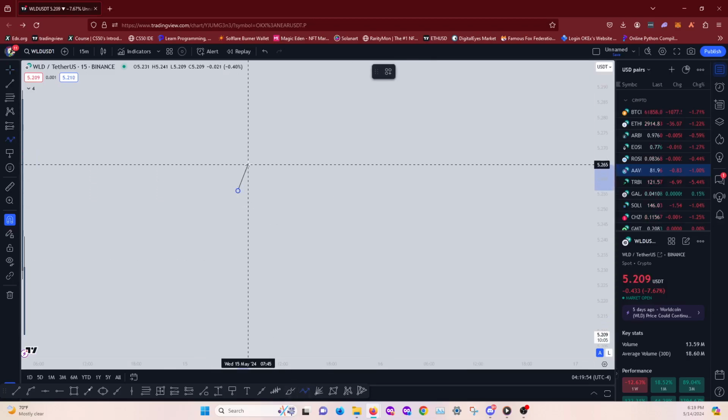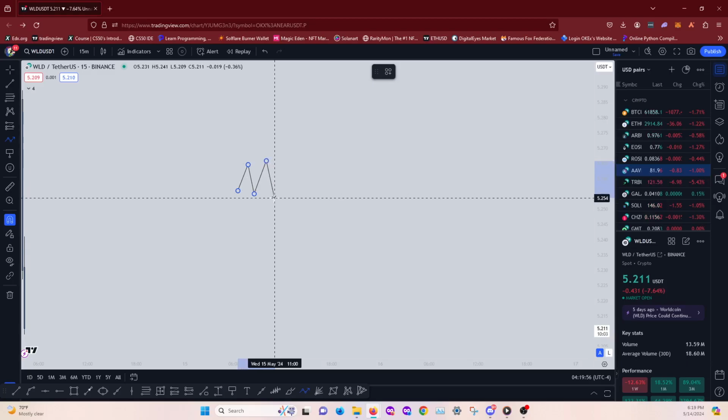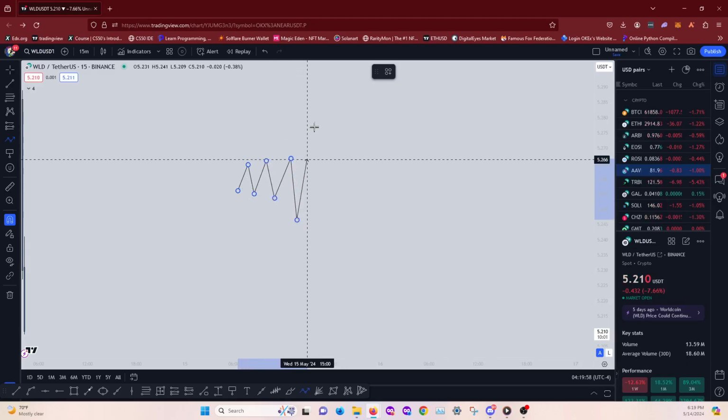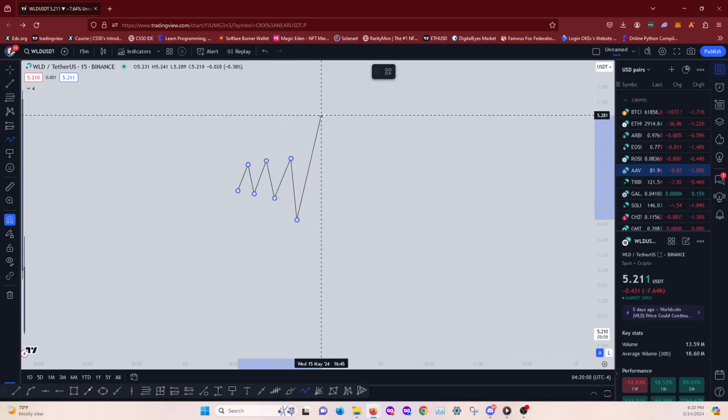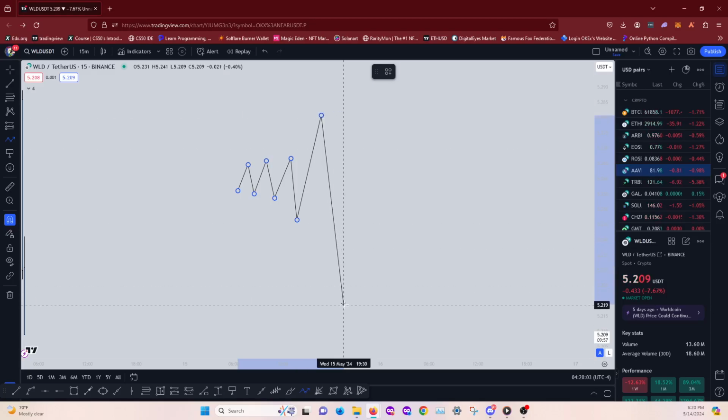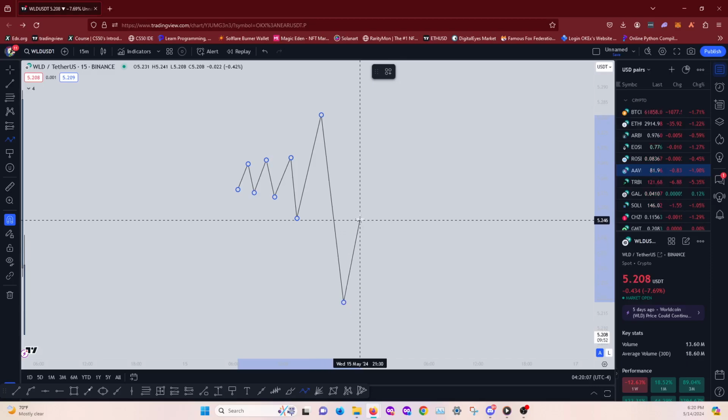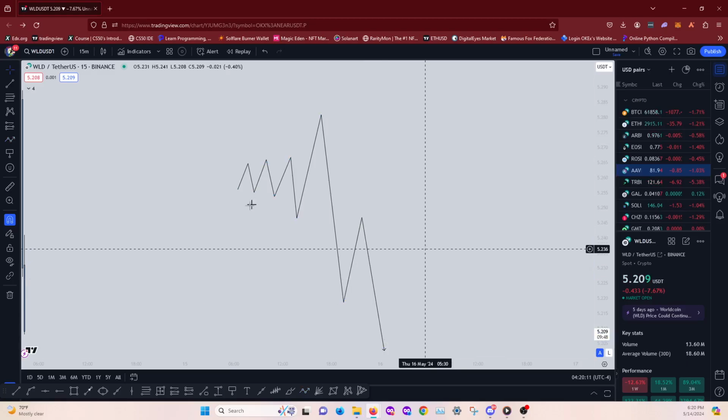So you've got consolidation, an order block forms, manipulation sweeps buy side, and then a stronger move to the downside. Then we look to get in at a retest of the previous bullish order block.